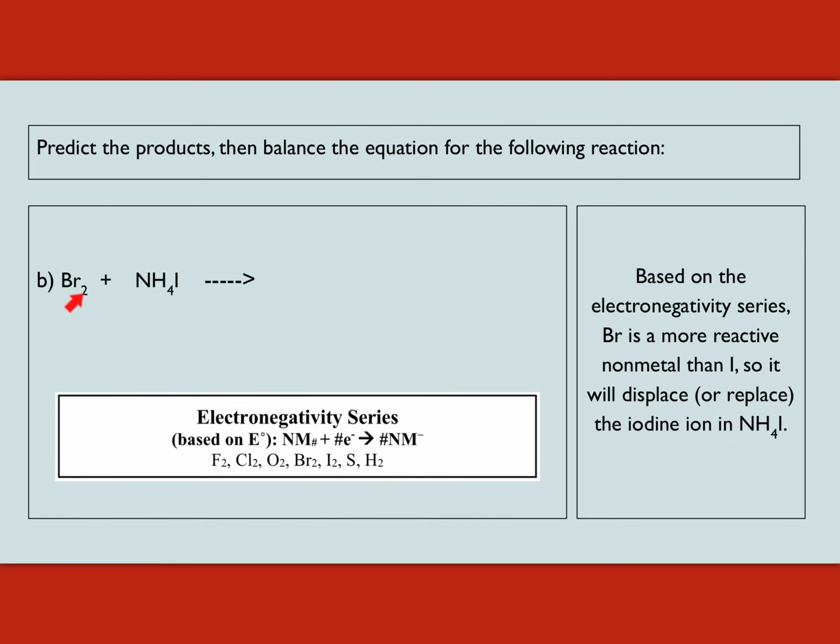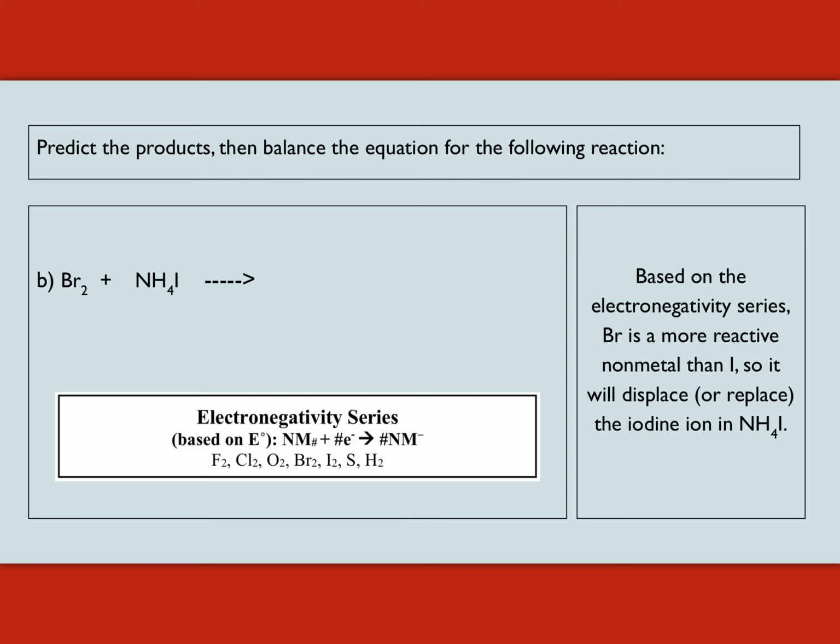If the solo element is a nonmetal, in other words, it's on the right-hand side of the periodic table, you're going to use this electronegativity series to see if it's going to be more reactive than the anion it will be replacing in a compound. So here we see bromine, and it will be replacing iodine potentially. If you look on this electronegativity series, you'll see that bromine is in fact a more reactive nonmetal than iodine is.